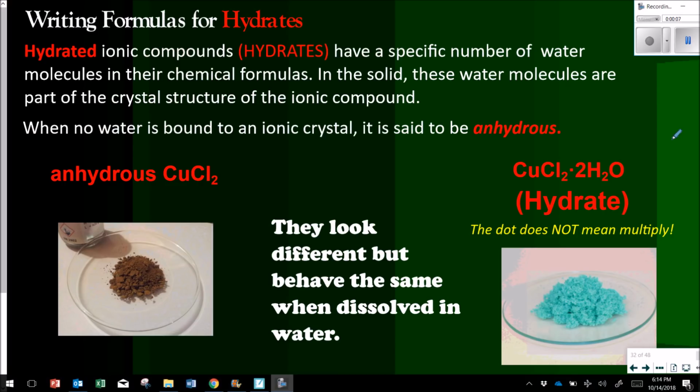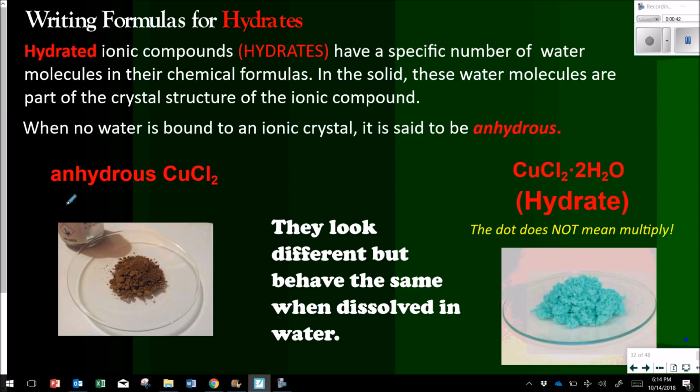Hydrated ionic compounds, or hydrates, have a specific number of water molecules in their chemical formulas. When these compounds are in the solid form, the water molecules are a part of that crystal structure in those ionic compounds. And when no water is bound to an ionic crystal, the ionic compound is said to be anhydrous.